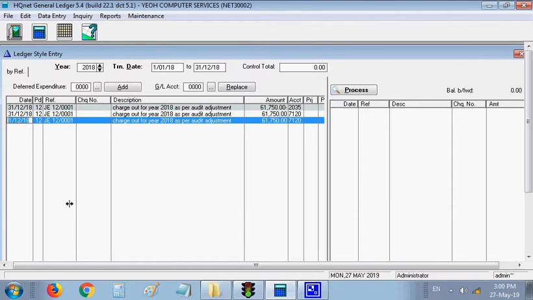You can't enter this entry in your journal entry or your journal voucher, because when you enter through them, they will force you to enter values in your project phase and block. Charge out does not require you to enter project phase and block values. If you have those values, it will not be posted to your P&L. It will be posted to your deferred expenditure account, and we want to avoid that.